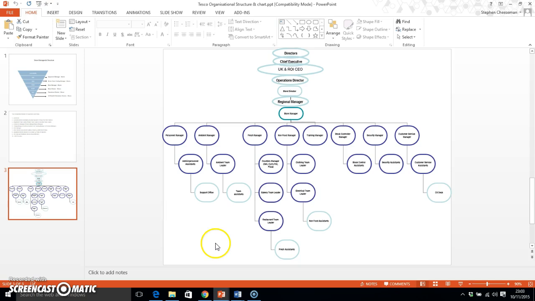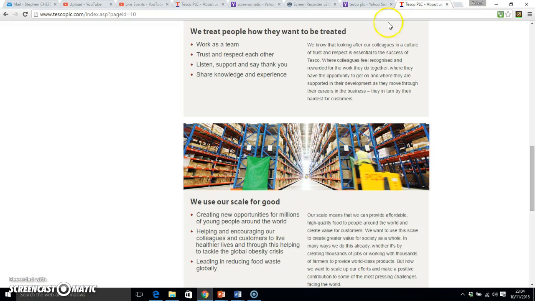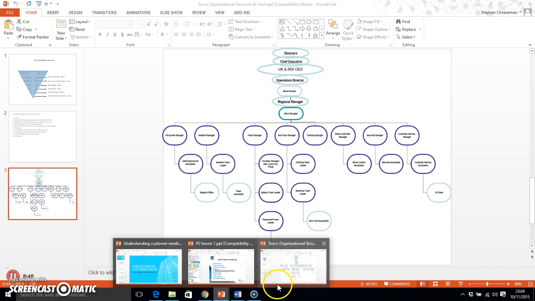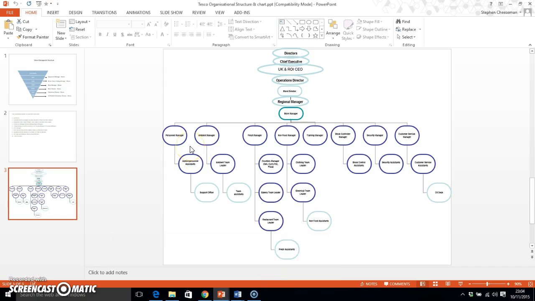Maybe if the objective is work as a team, maybe the person within store might organise a night out. Maybe they might do some team building, some team bonding exercises at the end of each day. Maybe they might move teams around so people get to know people a little bit better. There's lots of things that they could do to try and encourage people to work as part of a team.